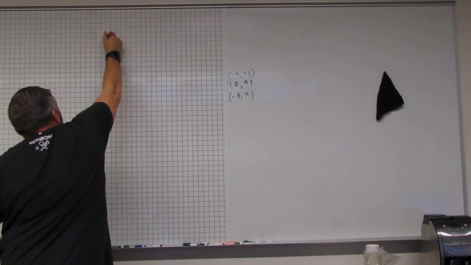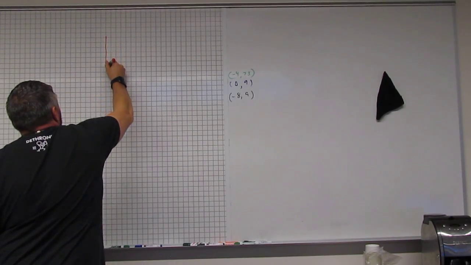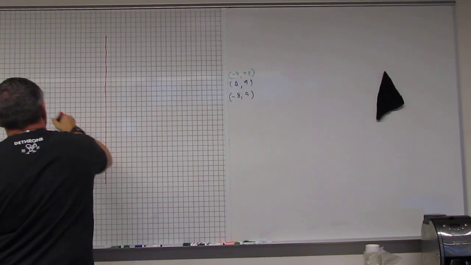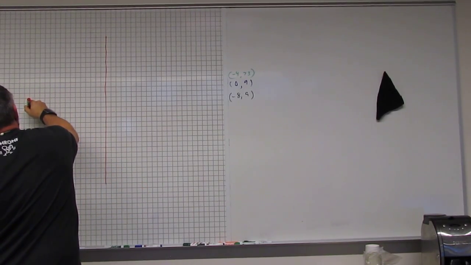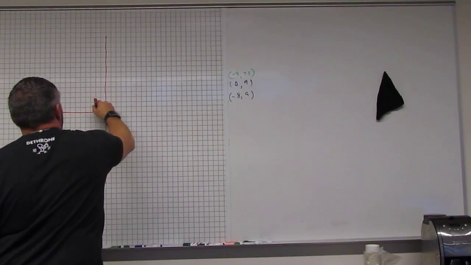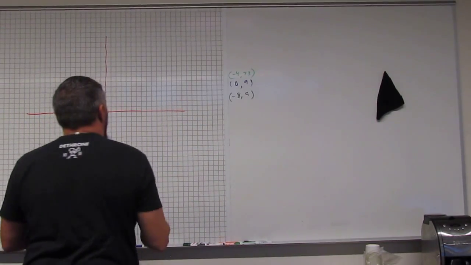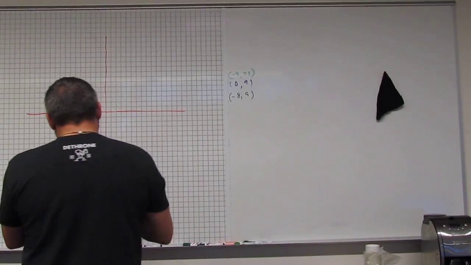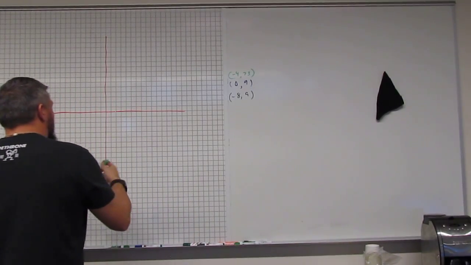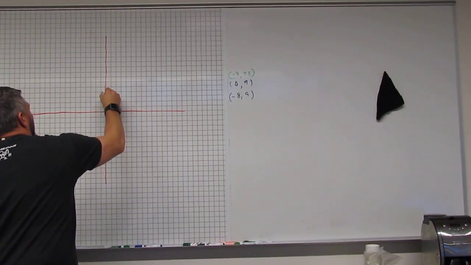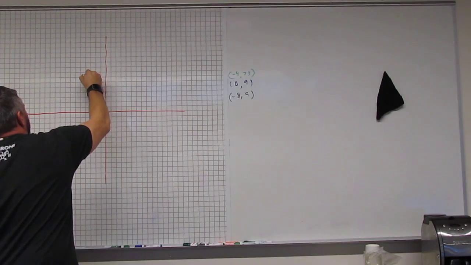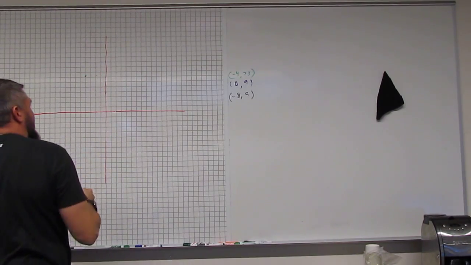Guys, quiet down, please. So we're going to go up by tens: 10, 20, 30, 40, 50, 60, 70, and a little bit more is 73. And left 4: 1, 2, 3, 4. So that's the vertex.